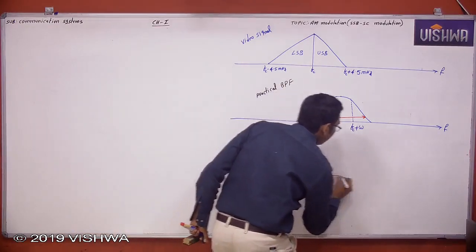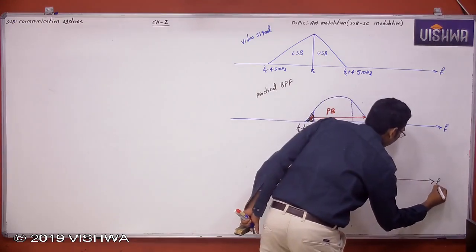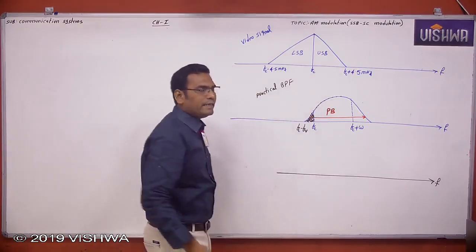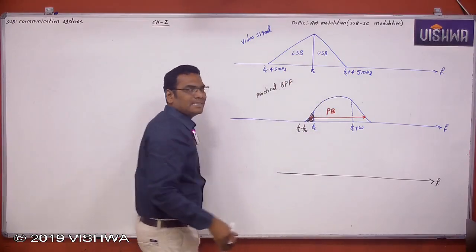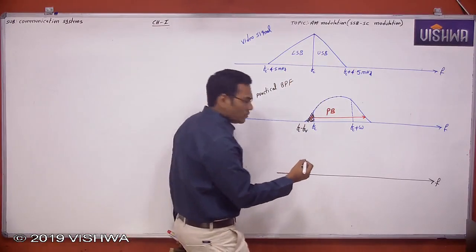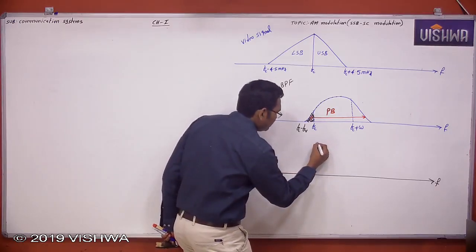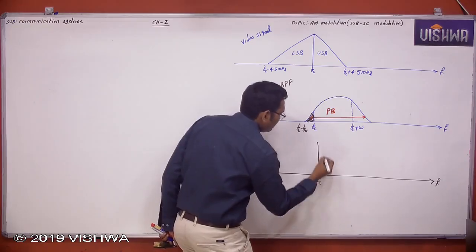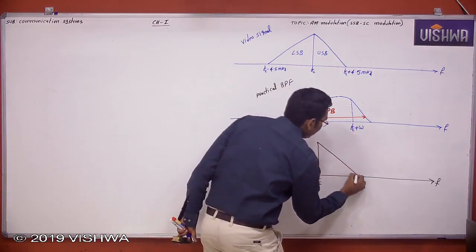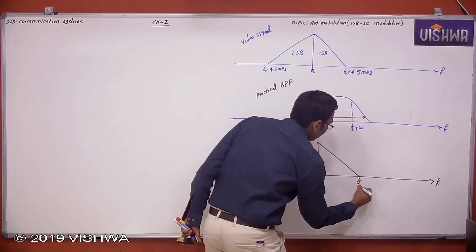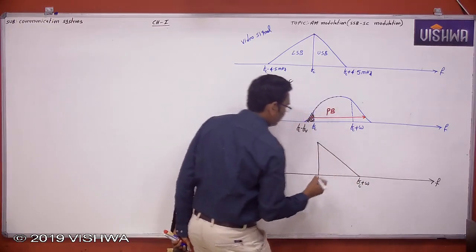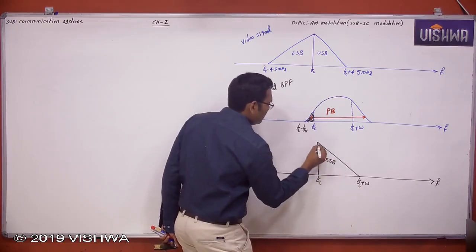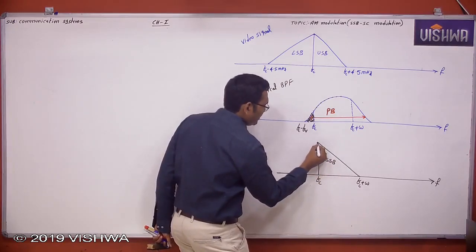Now if you design a filter with this small transition from the other side, because there is no way to cut exactly at Fc, right? So this is one sideband, completely we can get it. One sideband, single sideband, and a small portion from the other sideband is also coming.